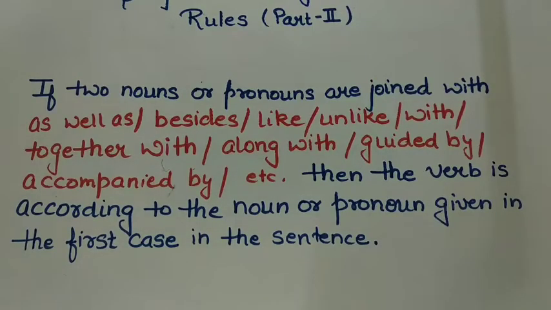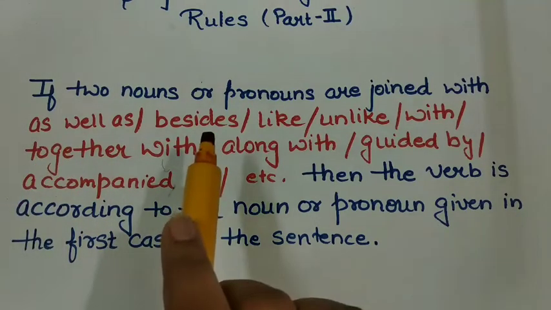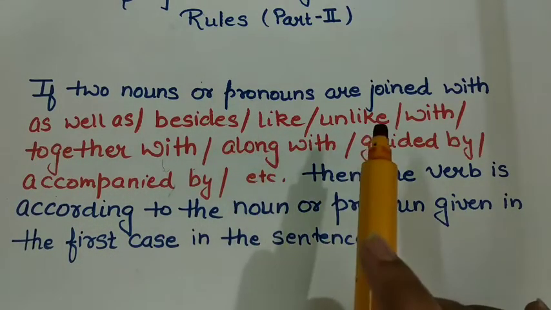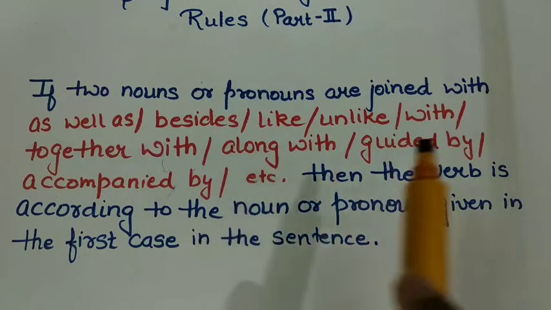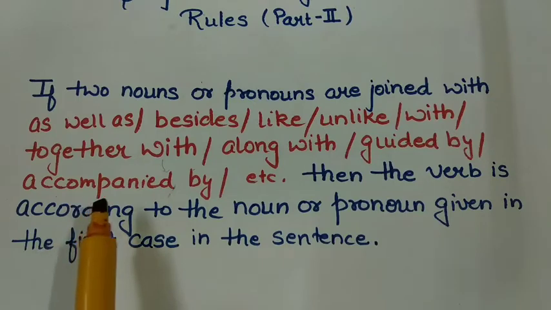So the first rule for today is, if two nouns or pronouns are joined with as well as, besides, like, unlike, with, together with, along with, guided with, accompanied with, or such kind of words, then the verb is according to the noun or pronoun given in the first case in the sentence.